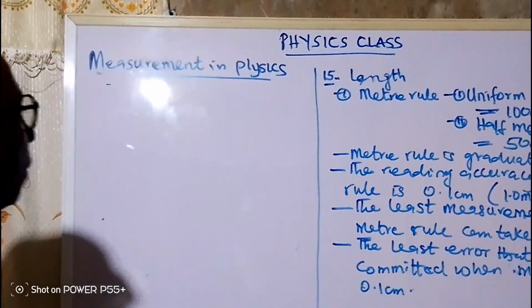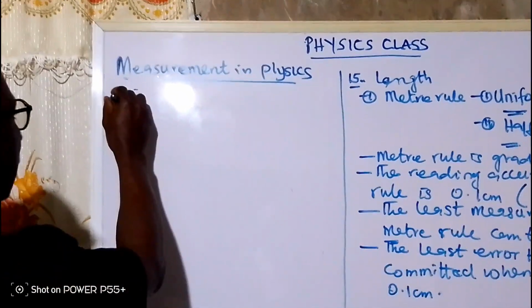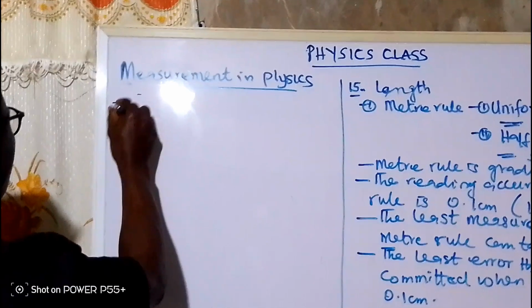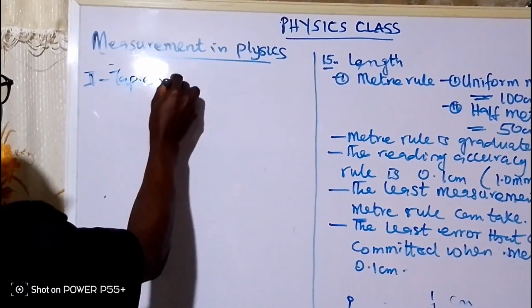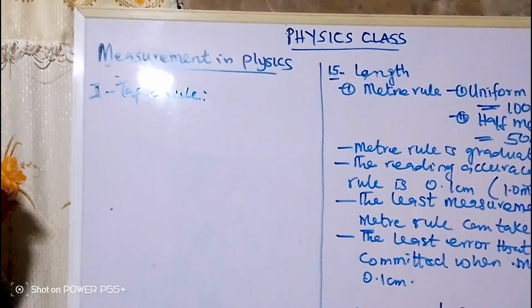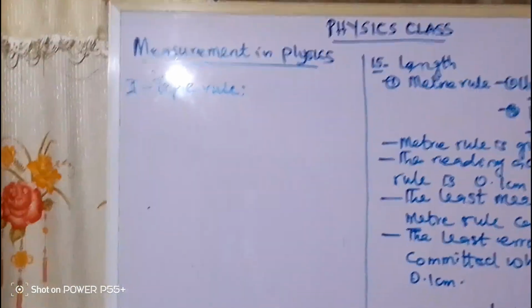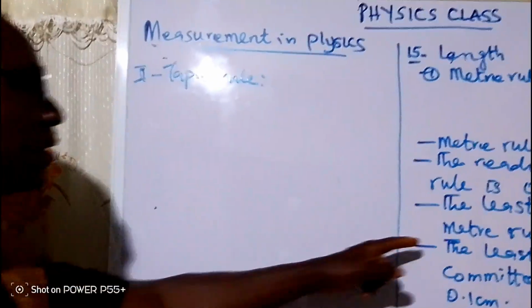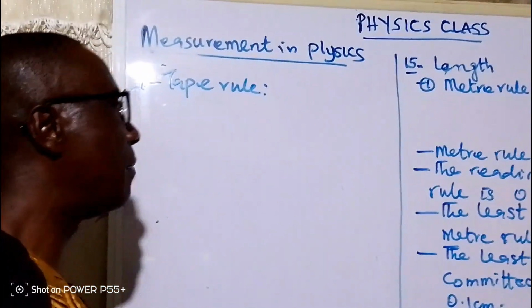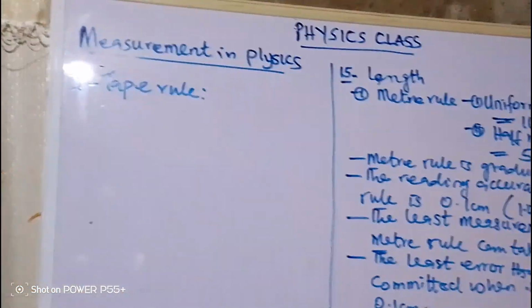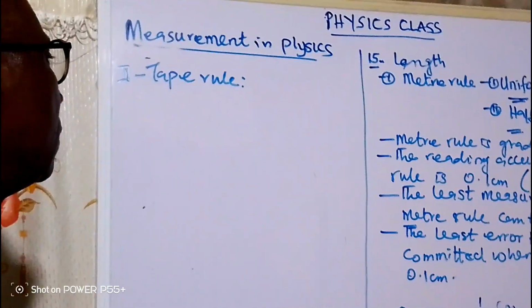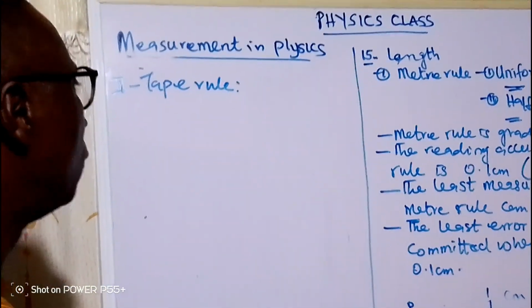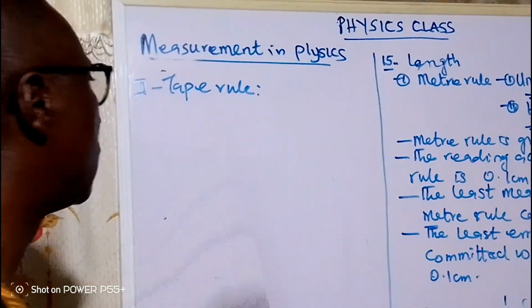Then number 2 instrument to measure length is tape rule. This one is used to measure any distance or length that meter rule cannot measure. For instance, length and breadth of a classroom cannot be measured with meter rule, so we can use tape rule.